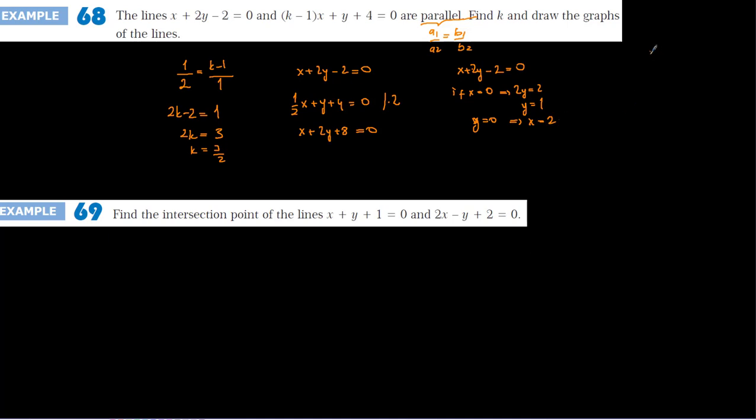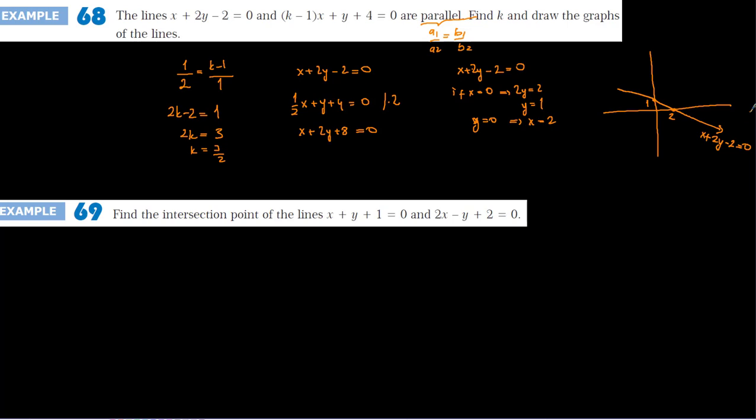So if I draw the line in the coordinate plane, it should be like this. x is equal to 2, y is equal to 1, and this is the point 2, and this is 1. The line should be in this form. This is x plus 2y minus 2 is equal to 0.